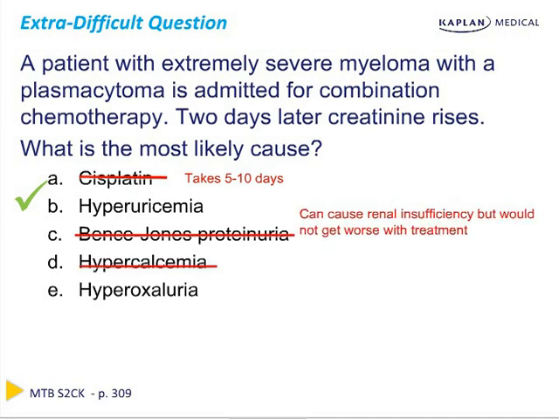If anything, they should get better. The final answer, hyperoxaluria: when oxalate is present in the urine, it can deposit in tubules and cause renal insufficiency, but cancer patients undergoing treatment aren't really at risk for elevated oxalate levels. This is typically seen in patients who have recently undergone a bowel resection.